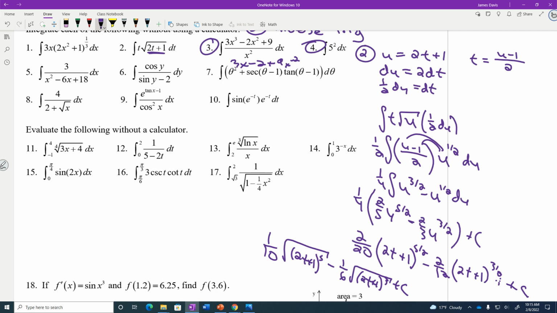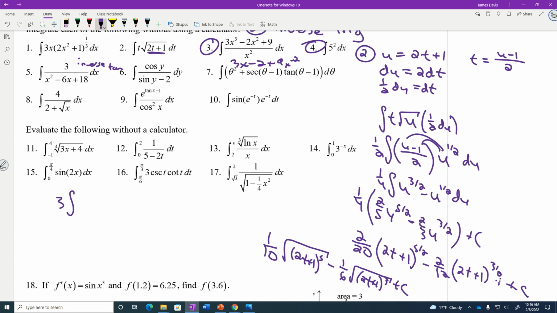This one, I think I'm actually just going to throw this one out. I'll tell you what it is. This is actually an inverse tangent. In order to do this, you actually have to rewrite it like this. So you pull the 3 in front, but again, I'm not gonna have you do this one.